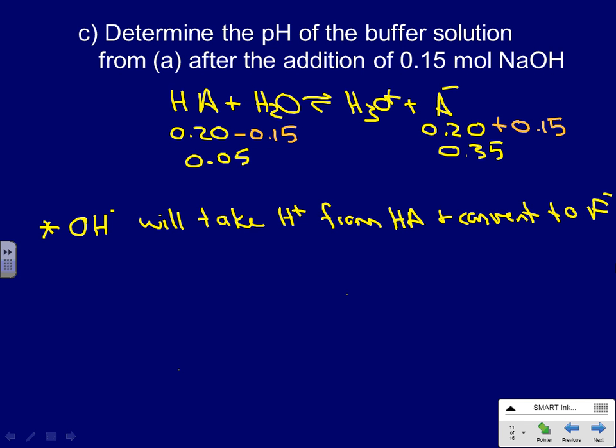Still the acid buffer. Even though we've added base to it, we still have HF in the water and F minus in the water. And the Ka for the HF is bigger than the Kb. So it's still an acid buffer. So I'm still using H3O plus equals, same equation. I just have new concentration.